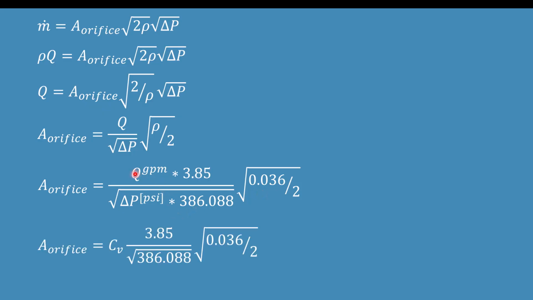So now that Q and delta P are in my desired units, I can put CV instead of Q over square root of delta P. And you can calculate these constants manually, and you will come up with this formula: the area of orifice is equal to this constant times the flow coefficient.